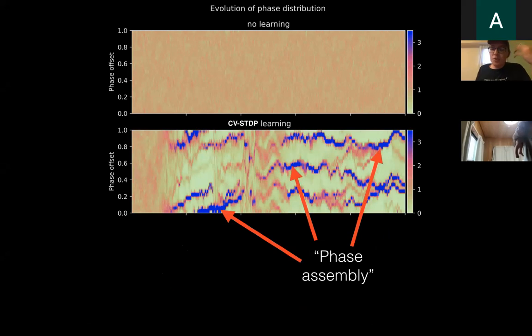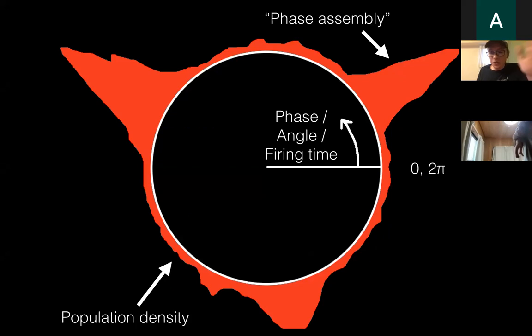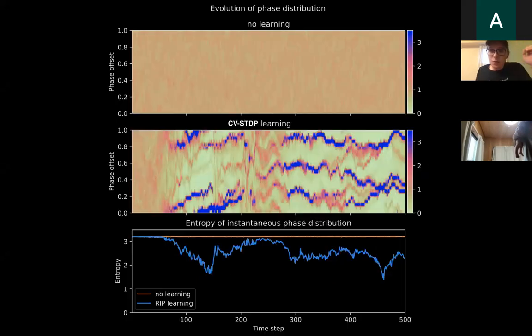And we interpret these as phase assemblies. We don't know if that's a completely justified interpretation, but it's very tempting to do. And you see that these phase assemblies spontaneously emerge and de-emerge. So this is nice because we think that this could be useful for explaining how brains actually do things, but it's happening in a very, very simple system. So this is just demonstrating the distribution.